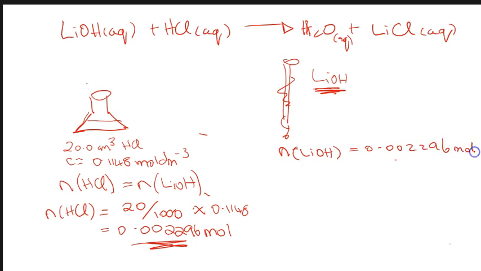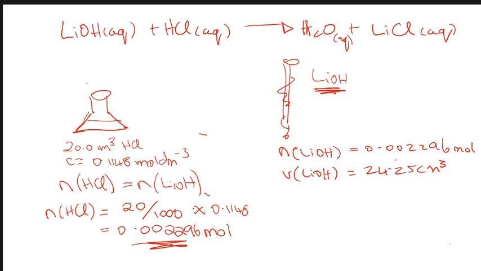Okay, so now I have a number of mole. I need to know my volume of lithium hydroxide. The question states that the volume of the lithium hydroxide delivered from the burette is 24.25 centimeters cubed.